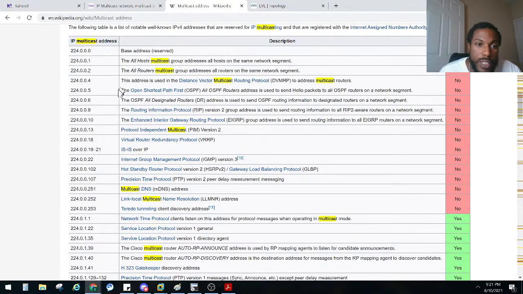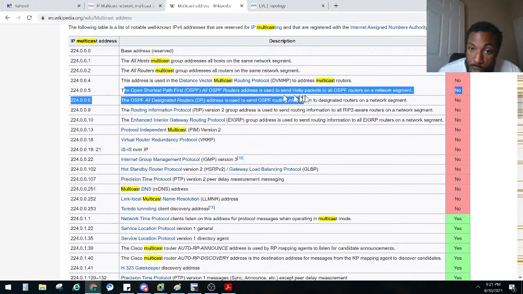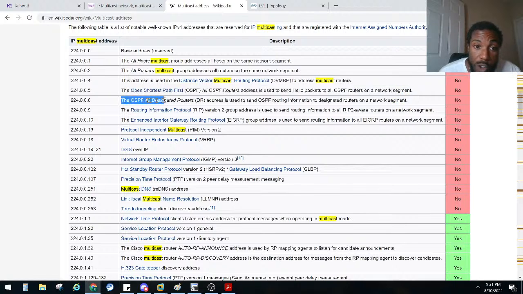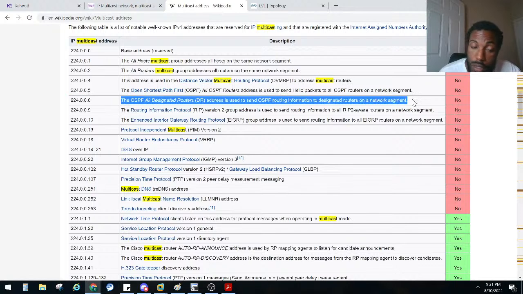So 224.0.0.5, all OSPF routers, is used to send hello packets to all OSPF routers on the network segment. 224.0.0.6 is the OSPF all designated routers address, used to send OSPF routing information to designated routers. Okay, now I think I got it cleared up.